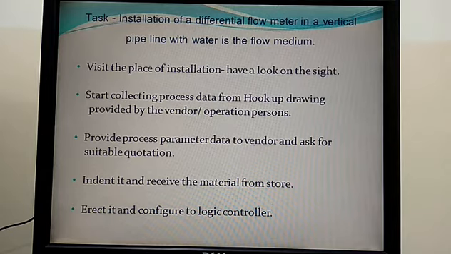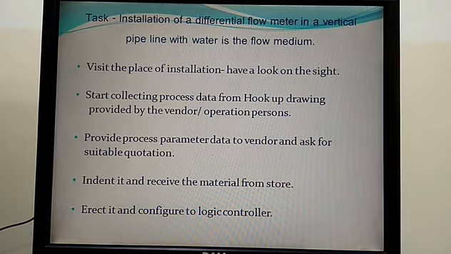Next, start collecting process data from hookup drawings provided by the vendor or operation persons. You will get various manuals regarding that work. You will get the hookup drawings also, P&ID drawings also. Refer to manuals, handbooks, search the net, and you will get some data.